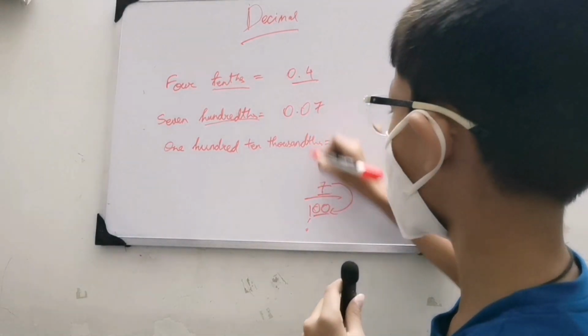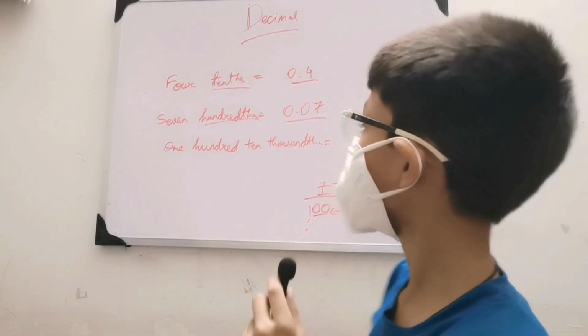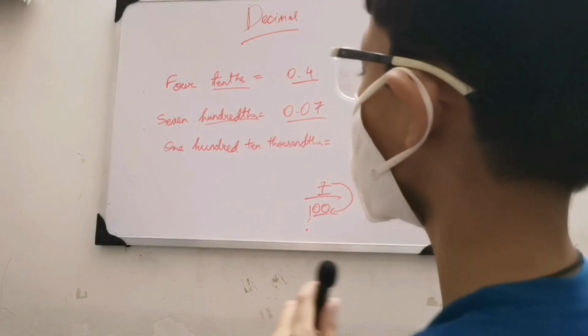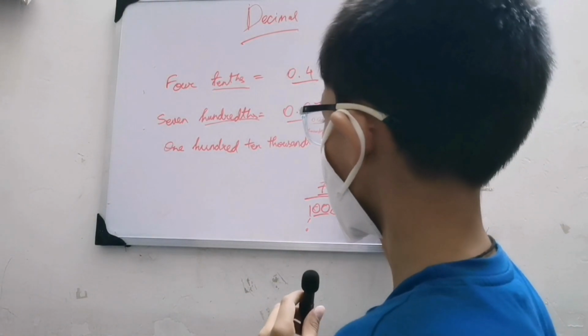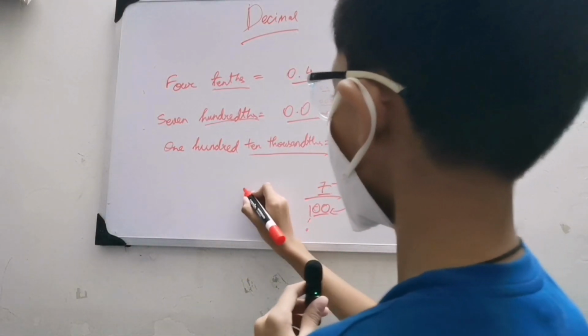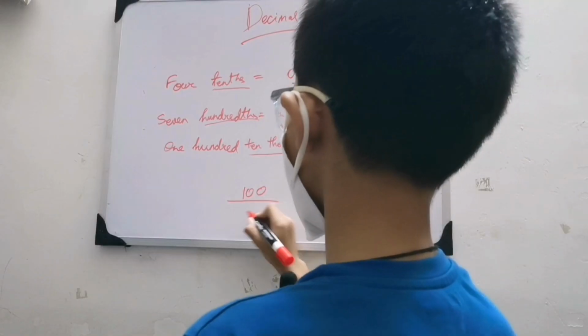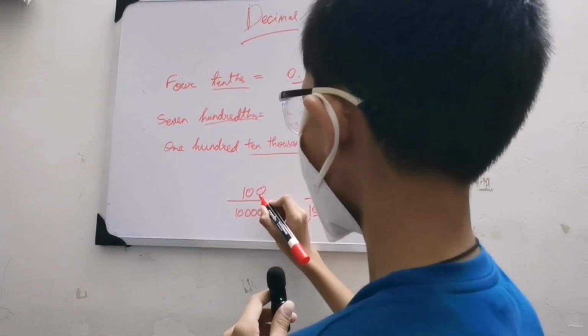Same with 4, you can also do that, but that is too obvious to understand. Now 110 thousandths.